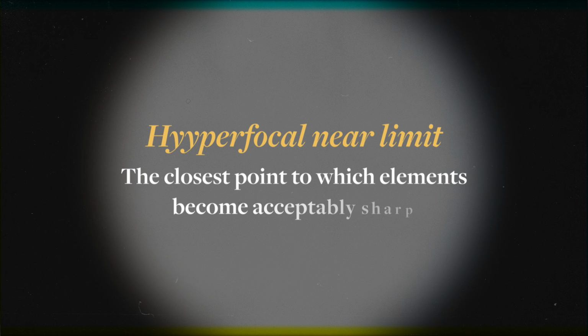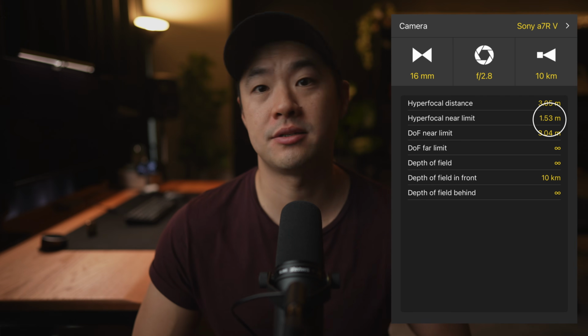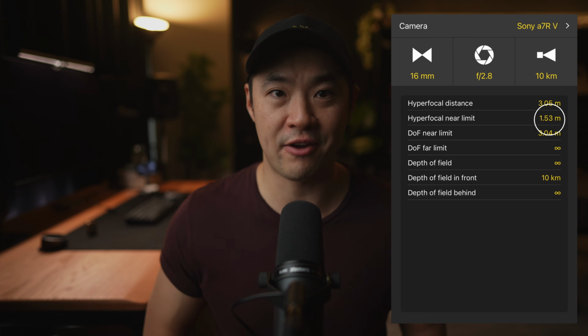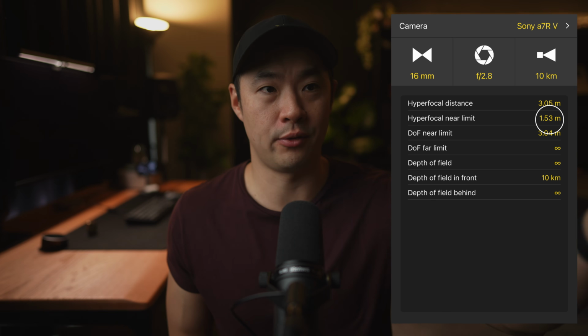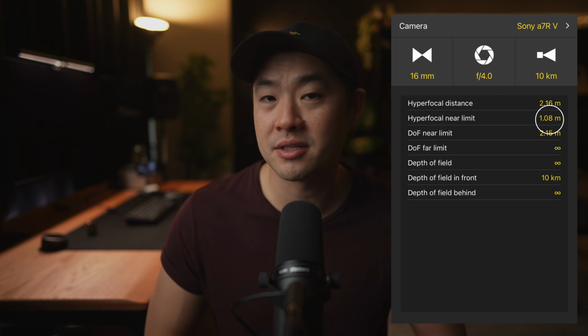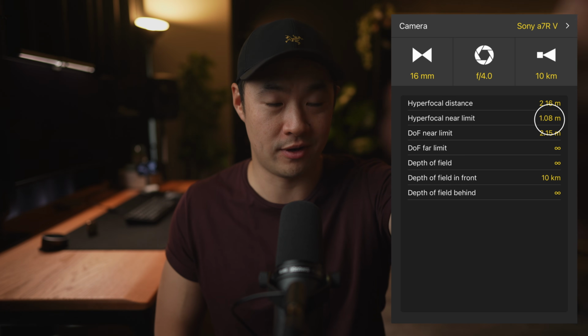For example, at f2.8, your hyperfocal near limit, which is the closest point to which elements become acceptably sharp, is a mere 1.53 meters away when you're shooting at 16 millimeters. Meaning that if you're shooting at 16 millimeters using f2.8, everything from 1.5 meters away from there is going to be in focus. At f4, that distance comes down to 1.08 meters at 16 millimeters, literally less than the distance between me and the camera right now.